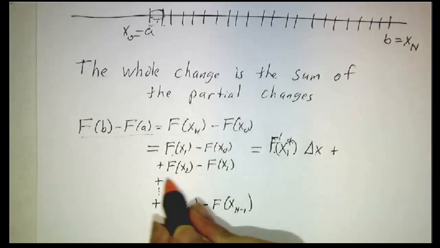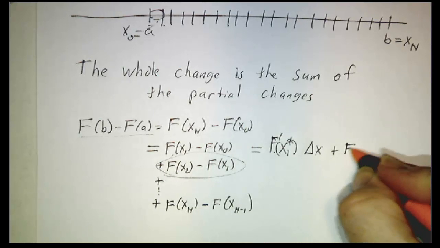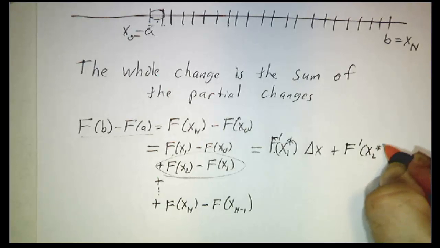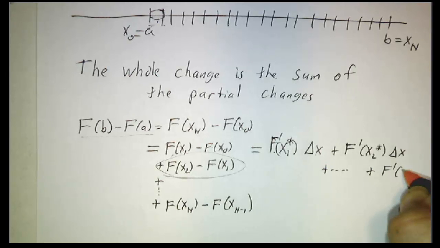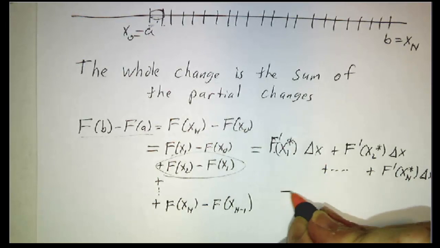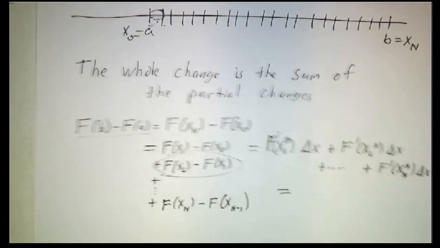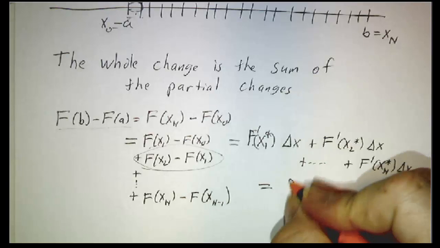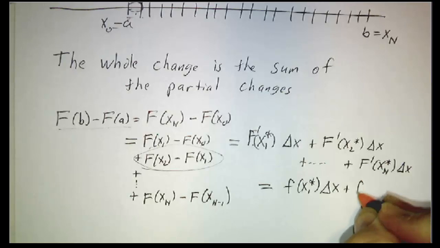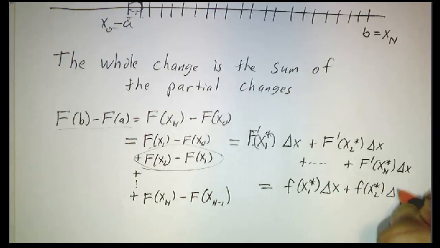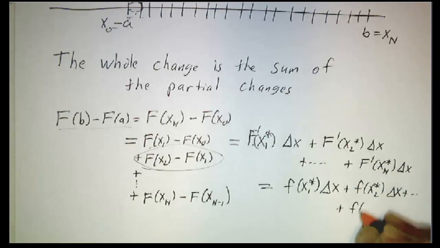And likewise, this difference is big F prime of some other point, let's call it x2 star, times delta x, and so on down the line, plus big F prime of xn star times delta x. But what's the derivative of big F? That's just little f. So this is little f of x1 star times delta x plus f of x2 star times delta x, and so on, plus f of xn star times delta x.